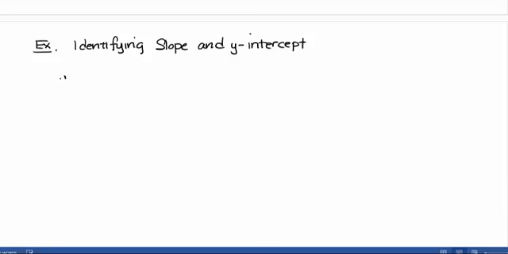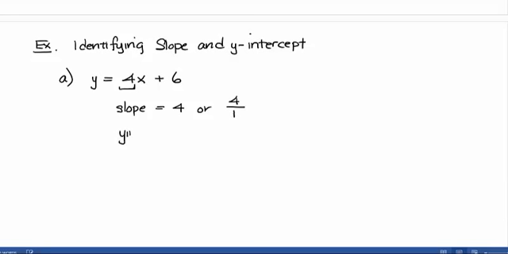For example, if I gave the equation y equals 4x plus 6, this is in the correct form because my y is by itself. The slope is just the coefficient that's with my x. So my slope equals 4, or if it's a whole number like that, it's just 4 over 1.